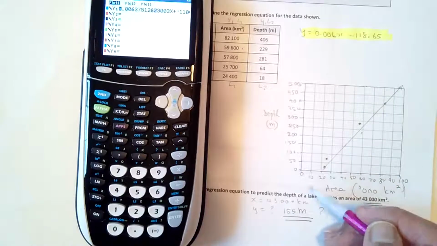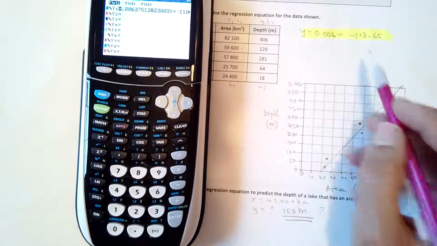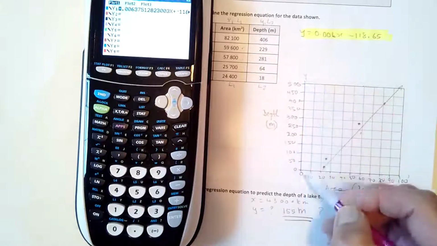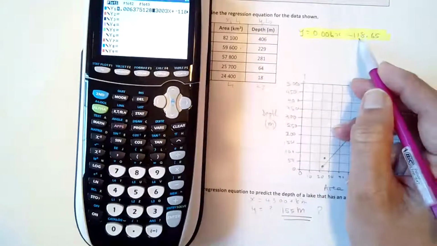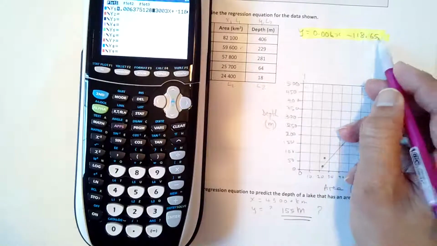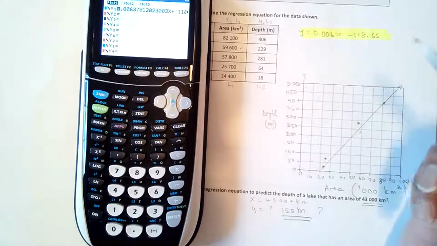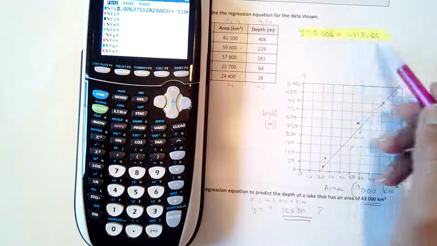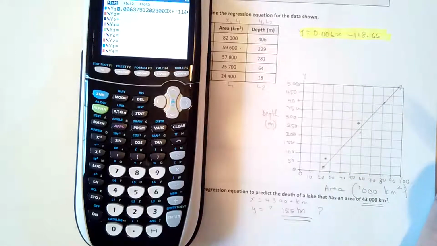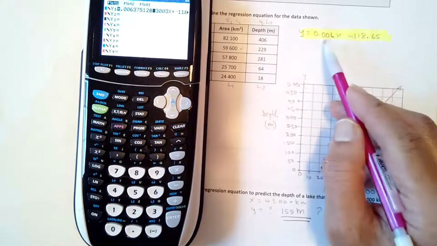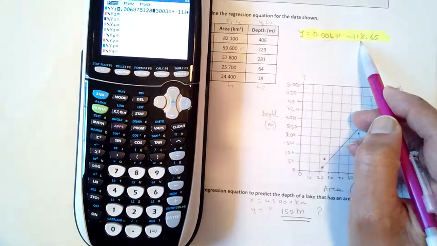If you were to extend this graph all the way down, it will intersect the y-axis at negative 118.65. This refers to the slope. In the next lesson, we will be examining the equation of a straight line, what it really means. What it means right now, this is your slope and this is your y-intercept.